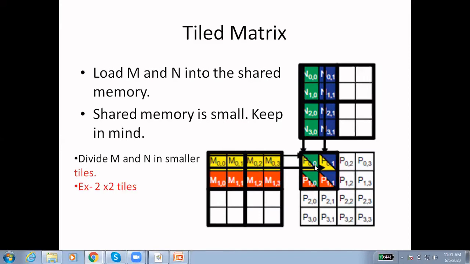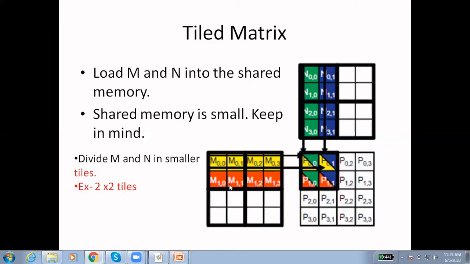P00. Now we are talking about tiling. It means we will make 2 cross 2 tiles of the memory, for both matrices M as well as N. I am saying we will access this part of data, M00, M01, M10, M11.